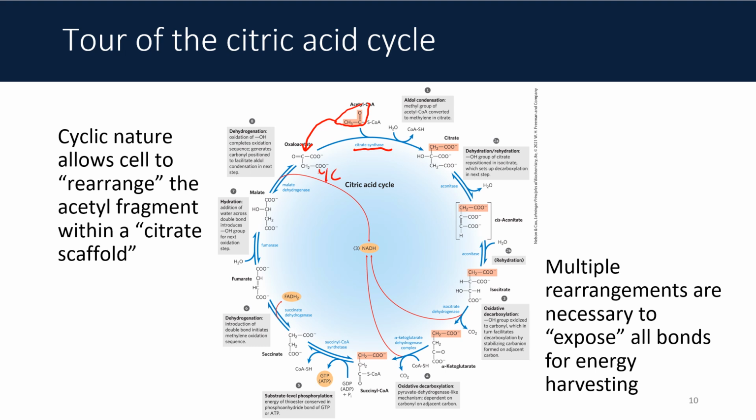Oxaloacetate is a 4-carbon organic acid, and acetyl-CoA is a 2-carbon carrier. This is going to yield one equivalent of the 6-carbon tricarboxylic acid citrate, and it's going to recycle a coenzyme A for further cellular use.